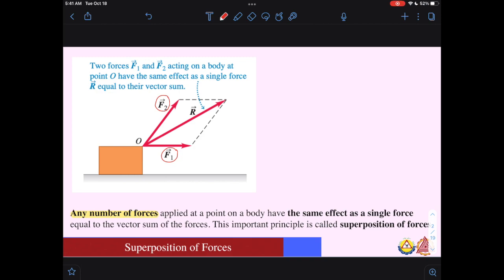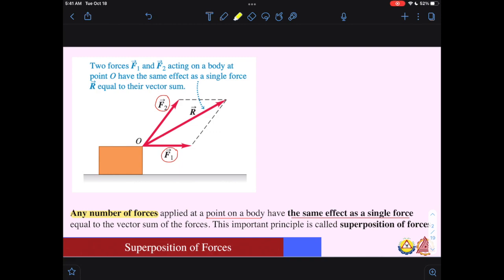What is the implication when you have any number of forces acting or applied at a point on a body, as long as it's acting on the same point on the same body? These two forces, class, seem to have the same effect as a single force.